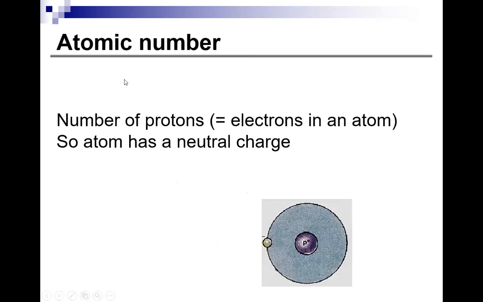So when we look at the atomic number, it is the number of protons. If you were looking at a periodic table, let me switch over here. The atomic number is the number of protons.